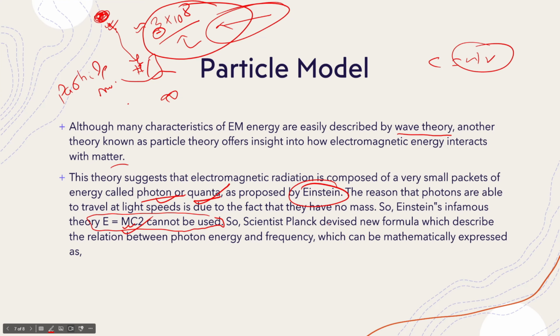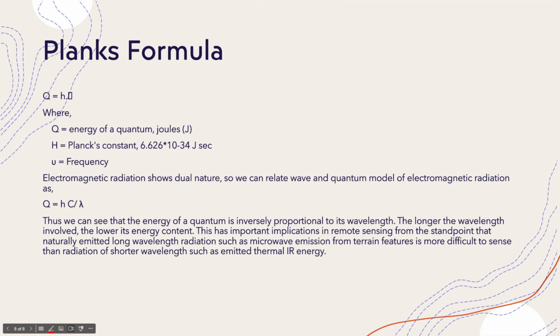So Planck devised a new formula which describes the relationship between photon energy and frequency. Here comes the rule of Planck: Q = hv. It gives the formula for deriving the energy based on its frequency.